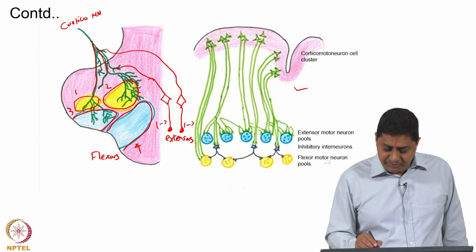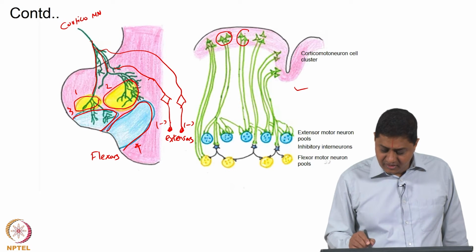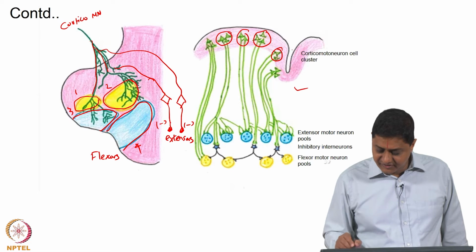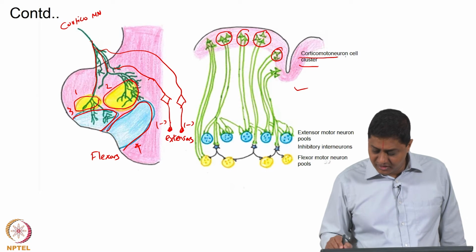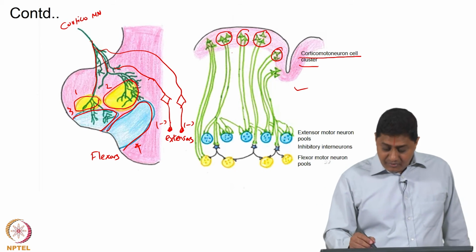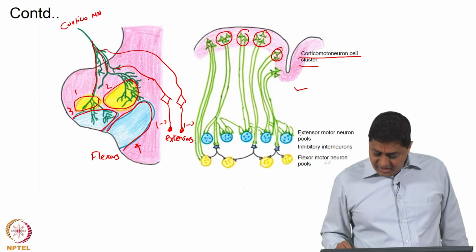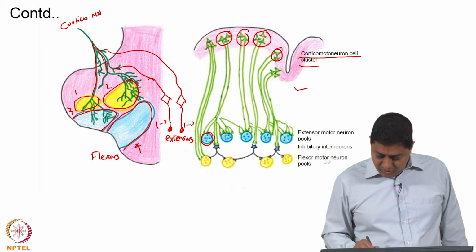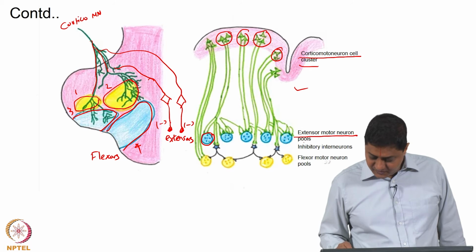Input from multiple clusters of corticomotor neurons. So, here are different clusters of corticomotor neurons. They project onto multiple motor neuronal pools of extensors. Okay.